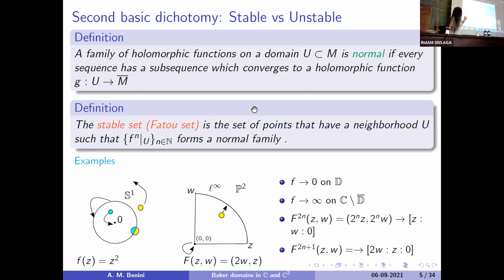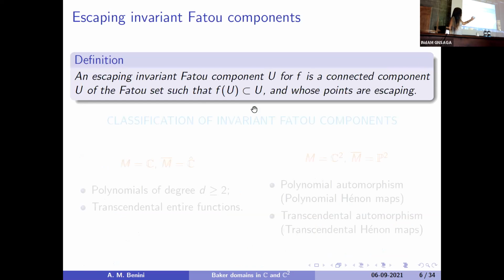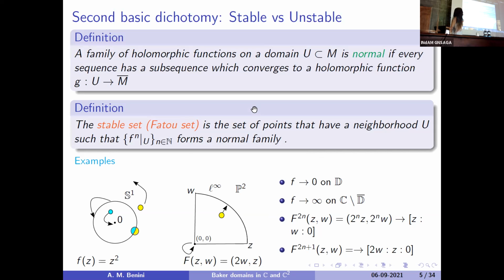And this converges, if you're familiar with the projective notation, to the point [z : w : 0], which is some point in the line at infinity in which the coordinates are the ratio between the initial point z and the initial point w.